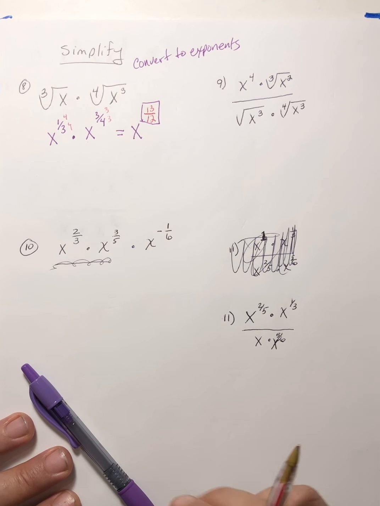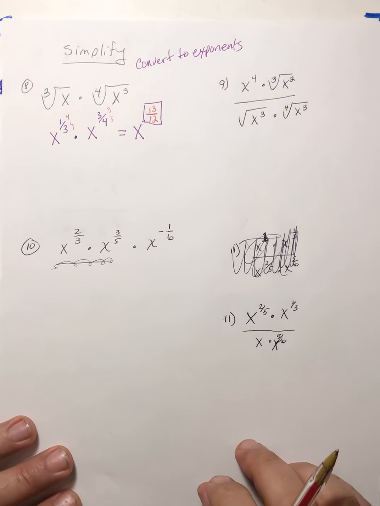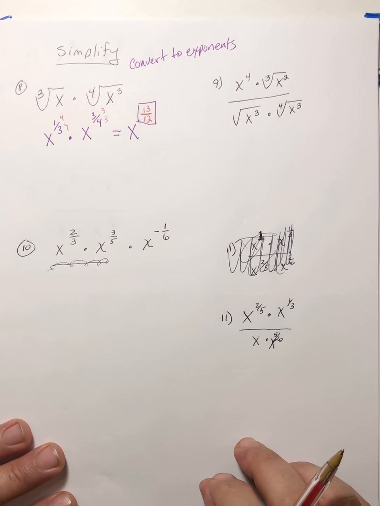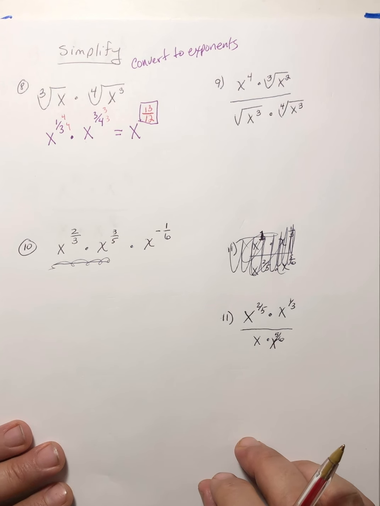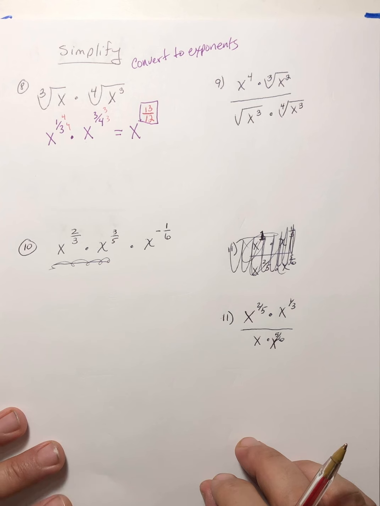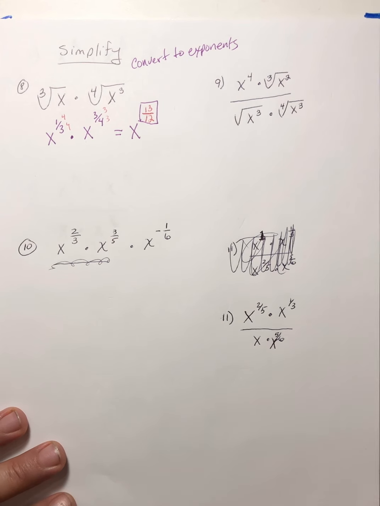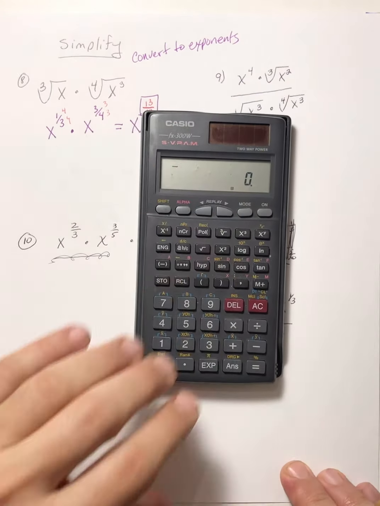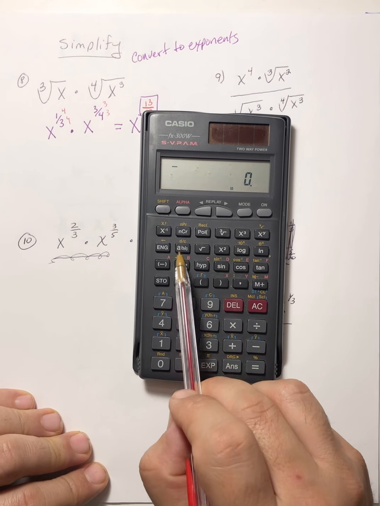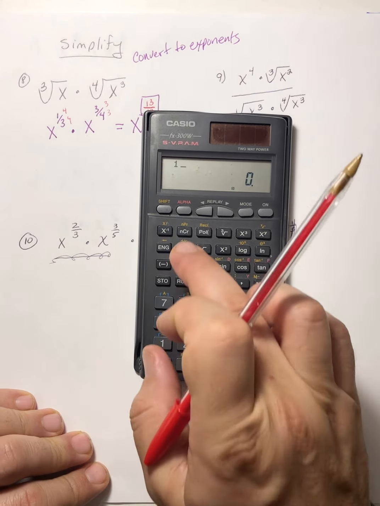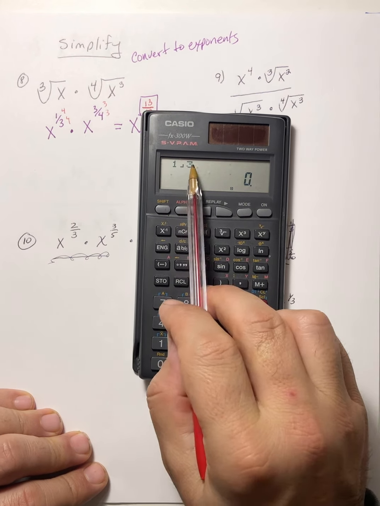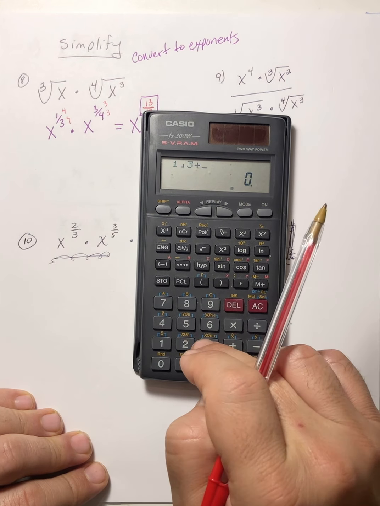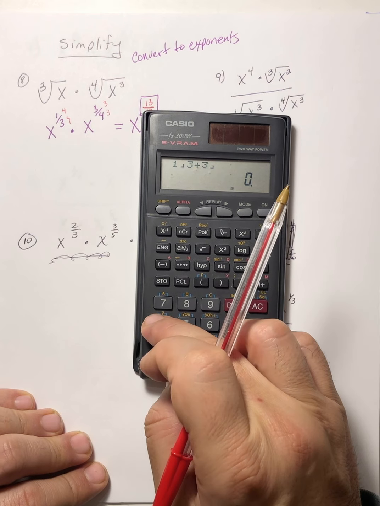Okay, or type it into your calculator. You can easily add and subtract fractions in your calculator. On this calculator here, I have an ABC button. So all I have to do is do 1 ABC 3, so there's my fraction 1/3, plus 3 ABC 4.